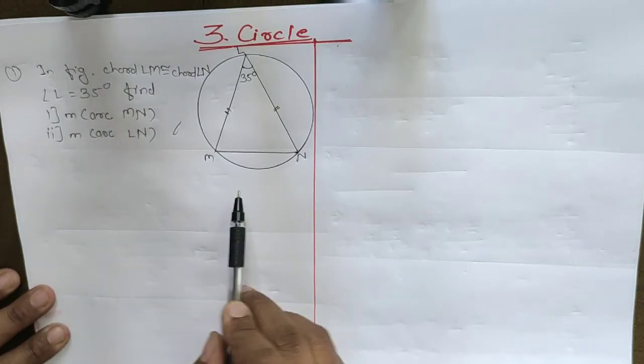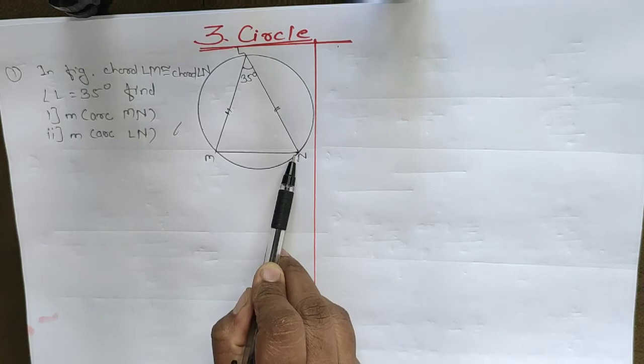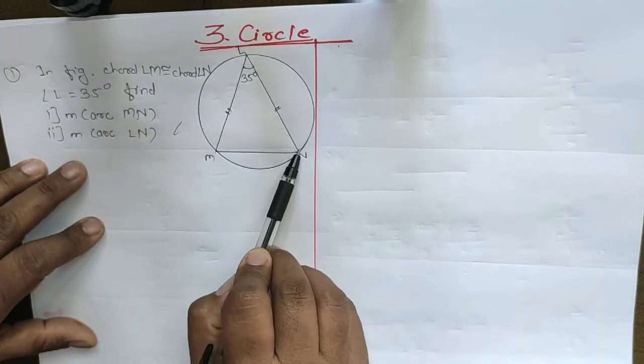Okay, so we have to find out the measure of arc LN, and afterwards we have to find out the measure of arc LN.